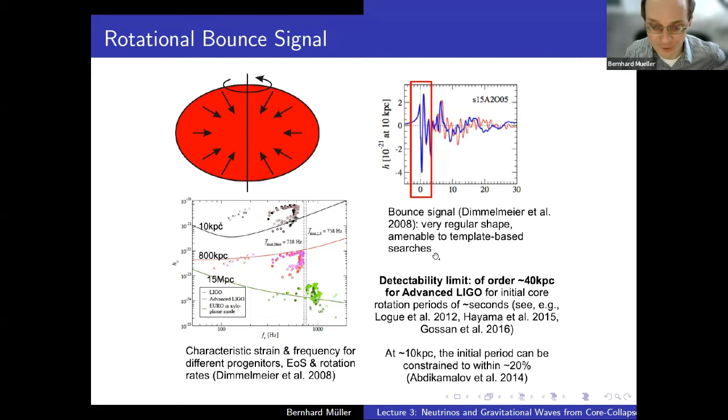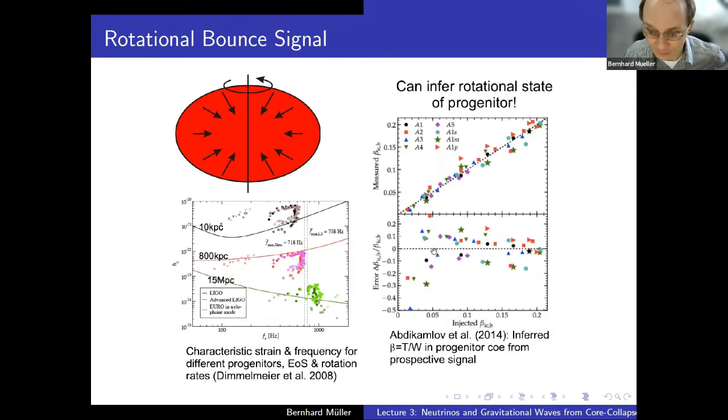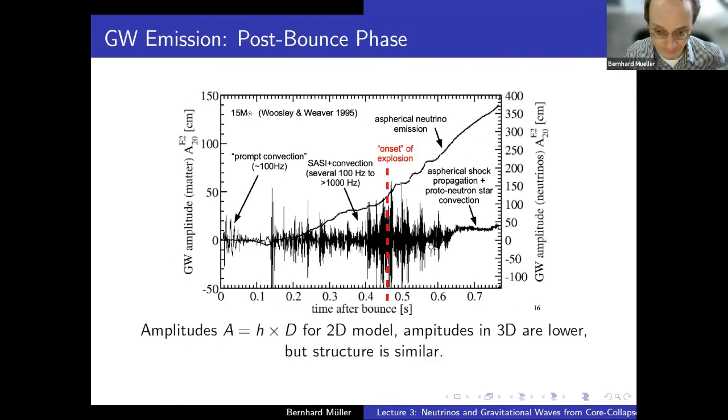Now let's move on to the signal from the later phases. We know we have a lot of non-spherical fluid flow developing later on during the evolution from the bounce through the accretion phase to the explosion.